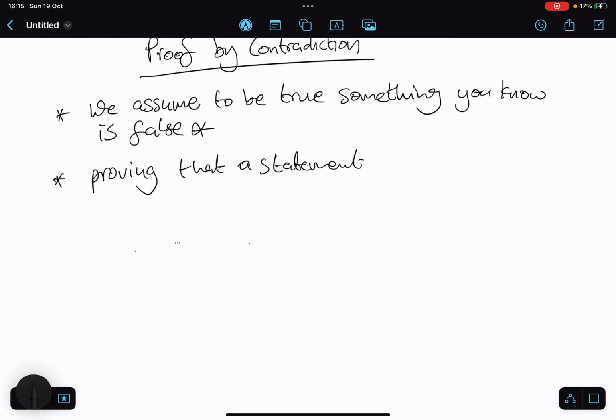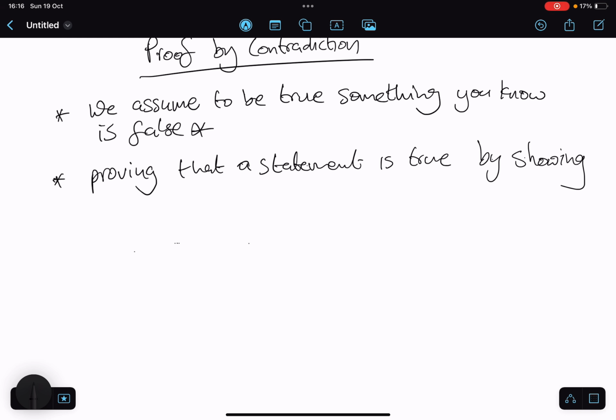You're proving that a statement is true by showing that its opposite leads to a logical contradiction.